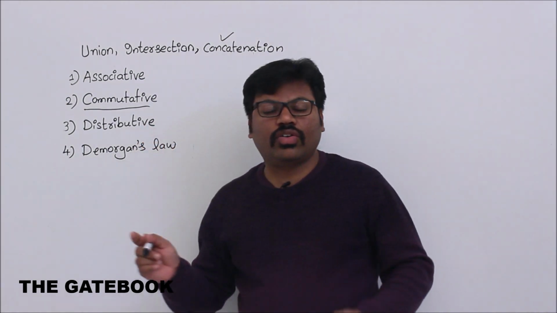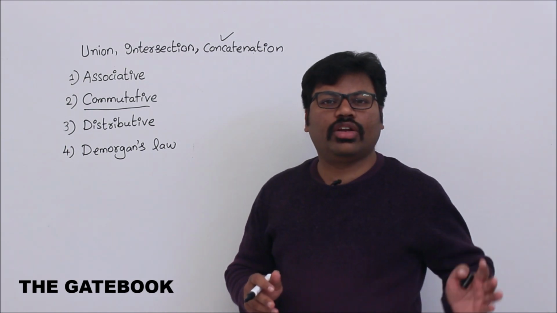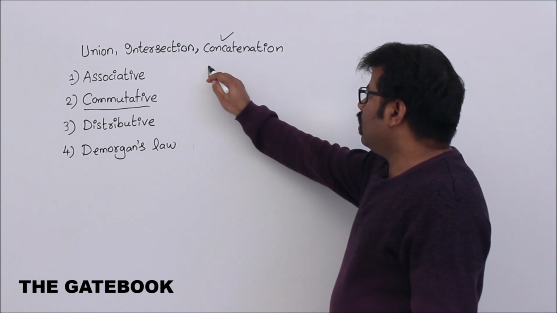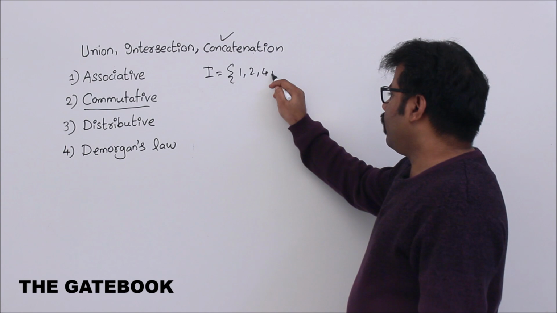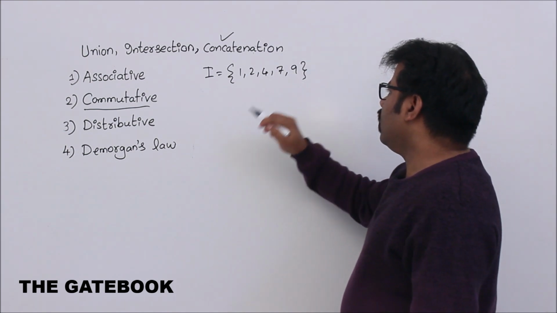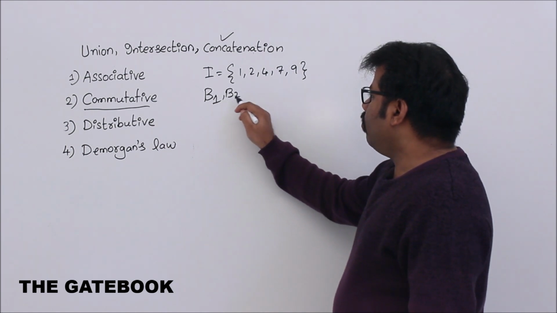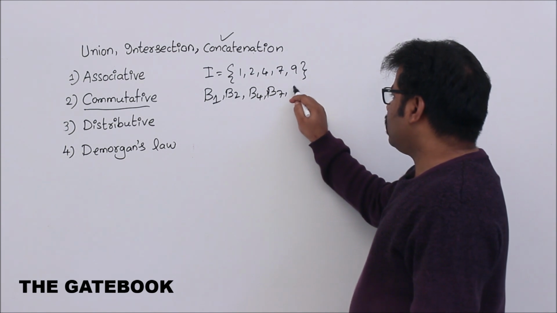This distributive rule is not only applicable for the union of two sets, it can be applicable for union over multiple sets. For example, if you have multiple sets, let me use an index set like 1, 2, 4, 7, 9. Then B1, B2, B4, B7, B9 are the sets.